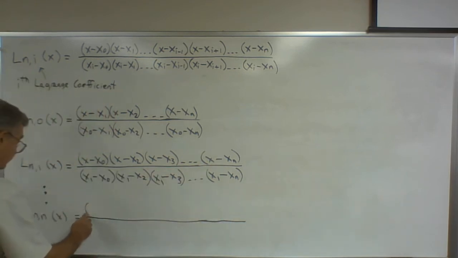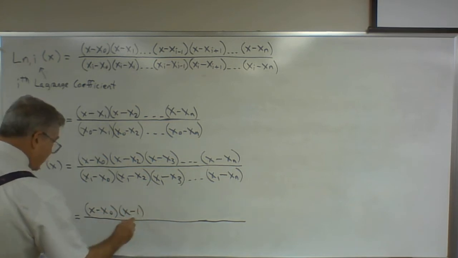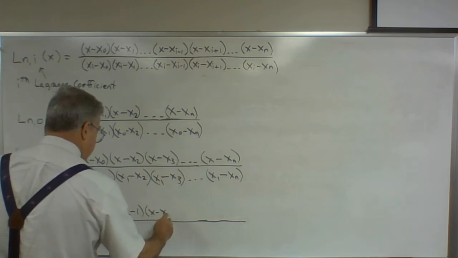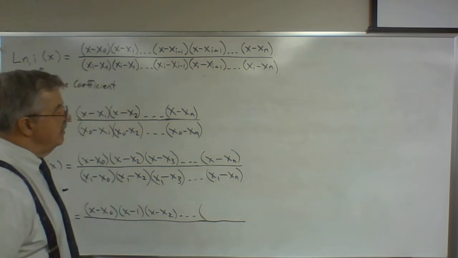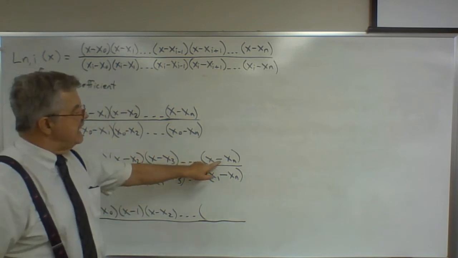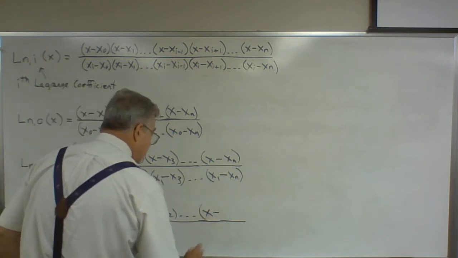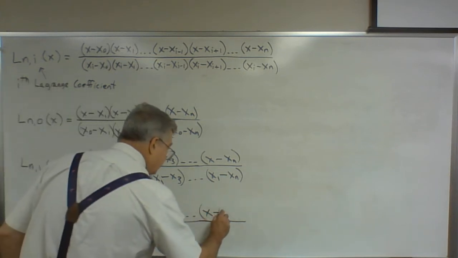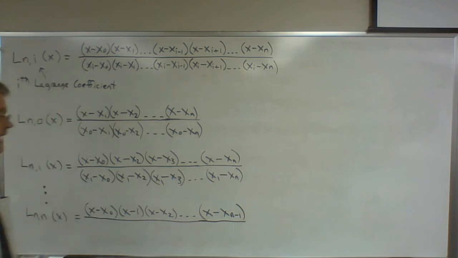But we will have x minus x0, x minus x1, x minus x2, dot, dot, dot. We're leaving out x minus xn, so the last factor up here will be the factor that comes before x minus xn, which is x minus x of n minus 1. That's what the top looks like.